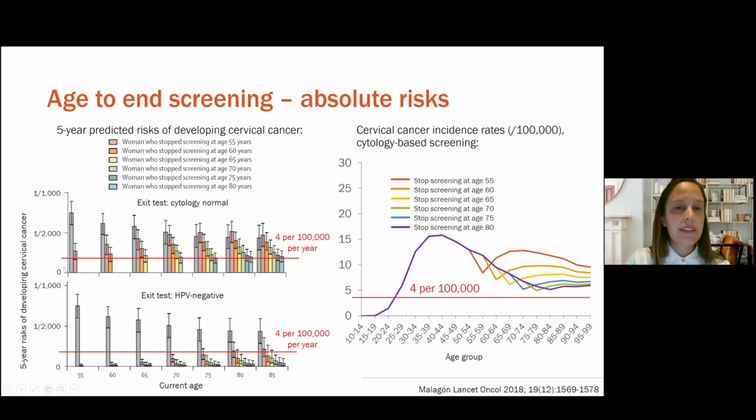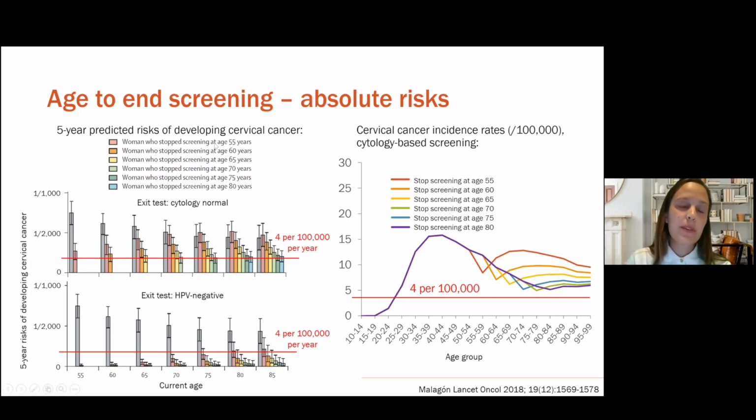And I also added this line here for 4 cancers per 100,000 women per year to give a reference point, essentially, of what this looks like in terms of cancer risk and in terms of thresholds that we already have.